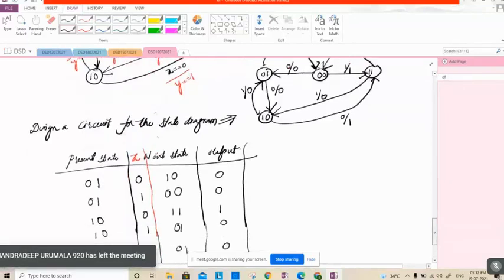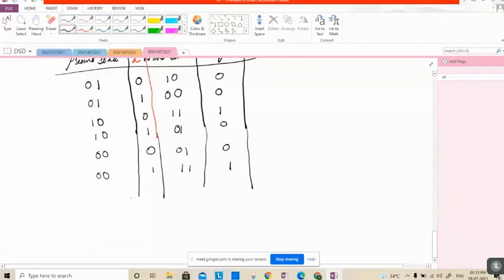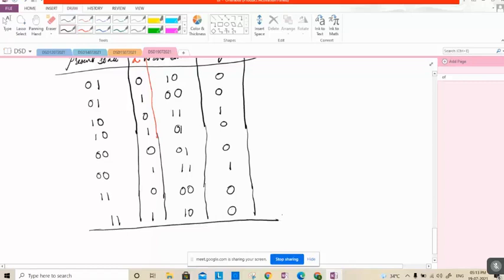What about the output? 1. Right, now we are left with 1 1. If x is 0, what will happen? 0 0. Output is 0. If x is 1, what will happen? 1 0. Output 0. Okay, perfect.